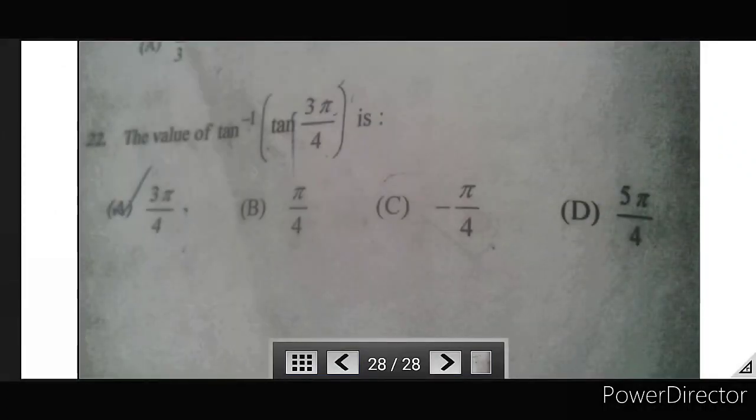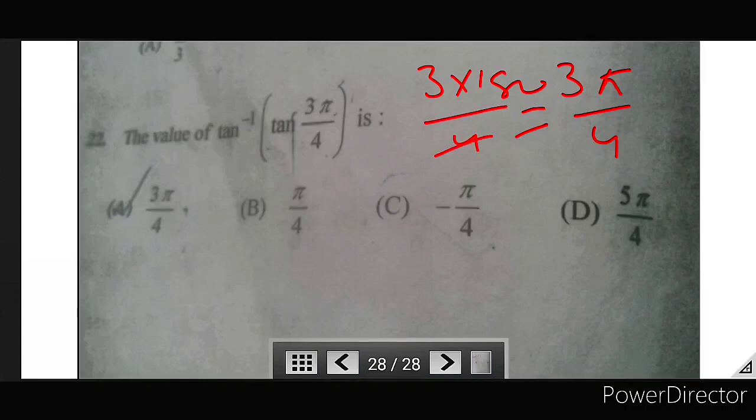Next question. The value of tan inverse tan 3 pi by 4 is. Again check range of 3 pi by 4, which is equal to 3 multiplied by 180 divided by 4, which is equal to 135. But range of tan inverse is minus pi by 2 to pi by 2, that is minus 90 to 90, and 135 is not in this range.